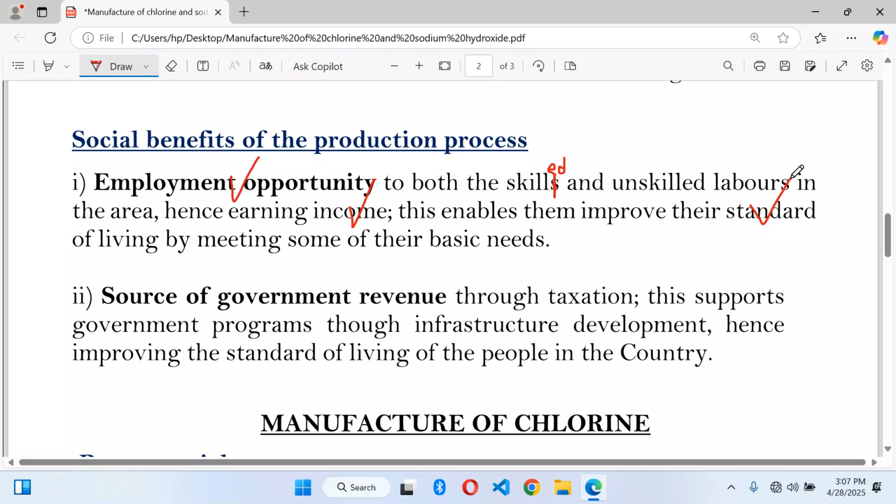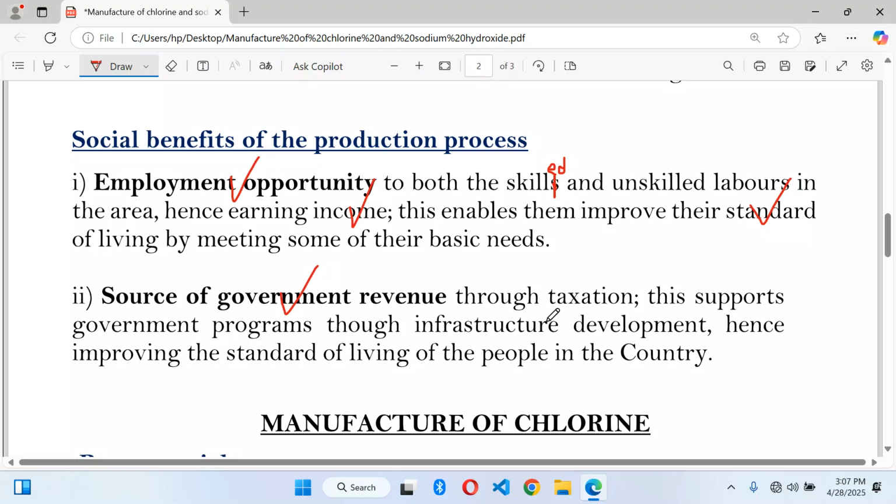For the case of revision, I gave you another point, which is source. The production process of this is a source of government revenue. How? Through taxation. And this supports the government programs through infrastructure development.